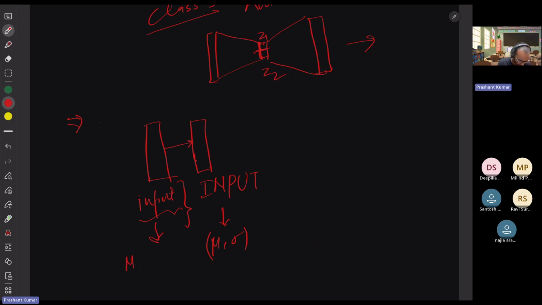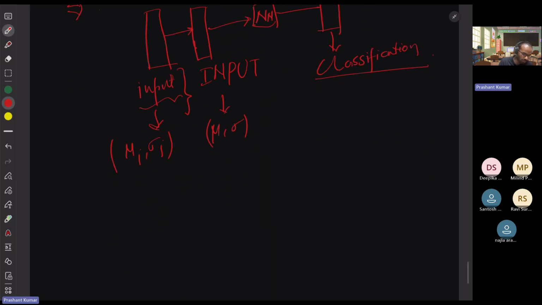It has, let's say, mu i, sigma i, or something like this, and this goes into the neural network, and if you are doing classification, you will have a classification as output. So we are saying that we want this to be constant.